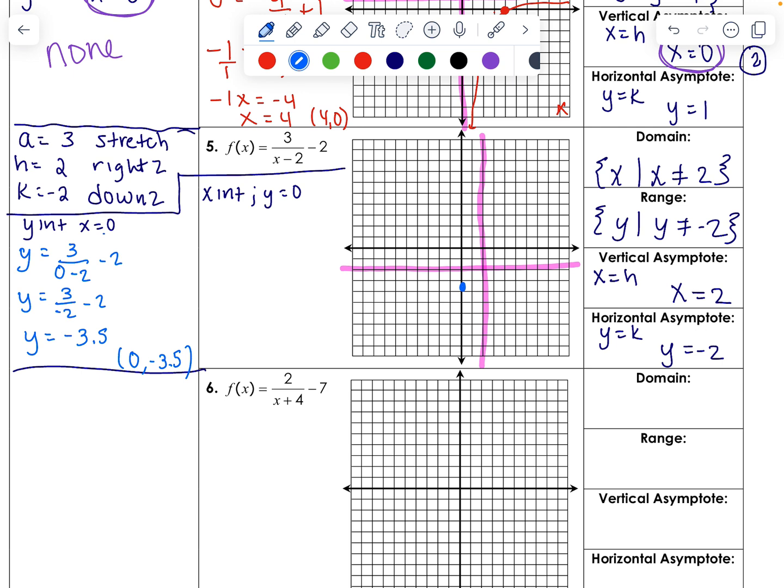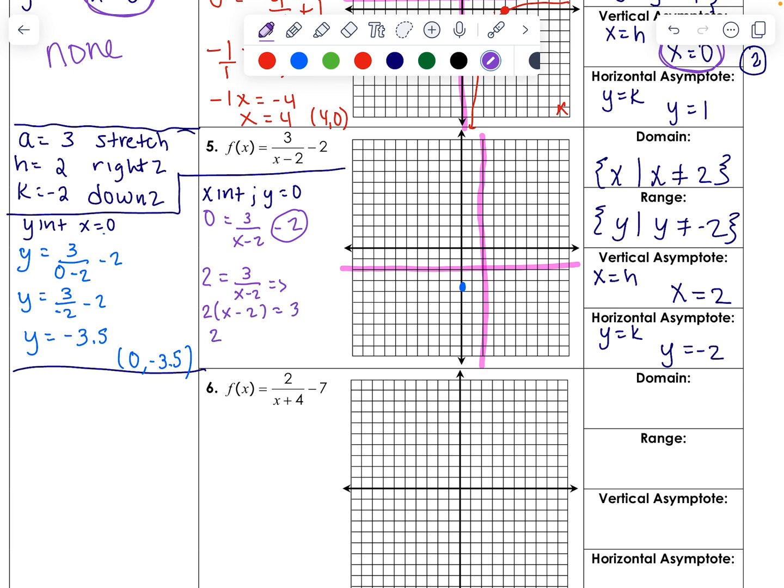I'm going to change colors here. I'll go purple. So I'm going to go 0 equals 3 over x minus 2, minus 2. Take that 2, put it on the other side. So 2 equals 3 over x minus 2. I'm going to cross multiply. So I'm going to go 2 times x minus 2 equals 3.